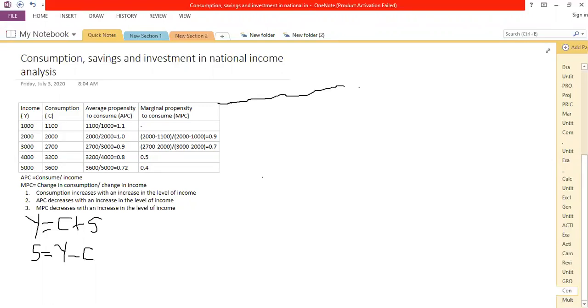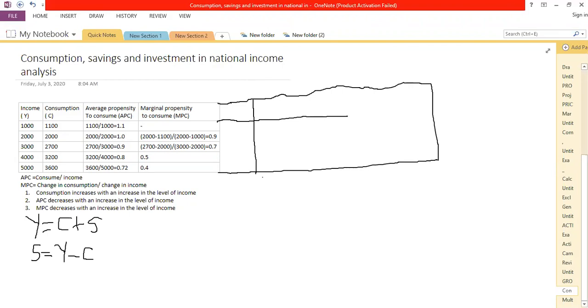We can construct a new, or we add a few more columns on this table. So the level of the income remains at the different levels we have demonstrated. But now we want to introduce the concept of savings.